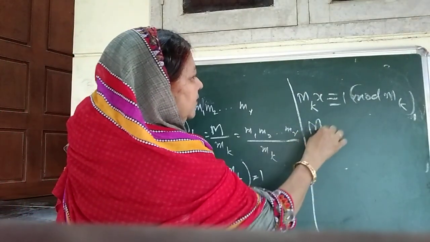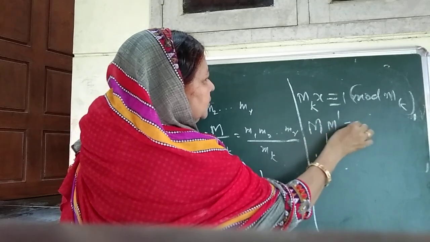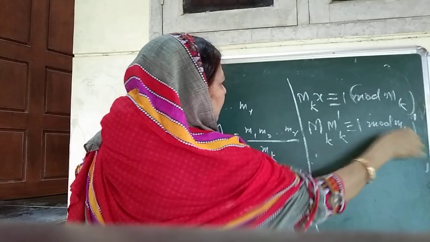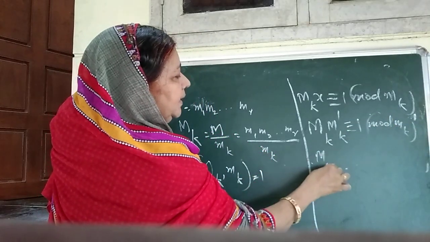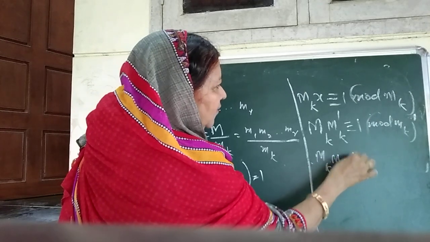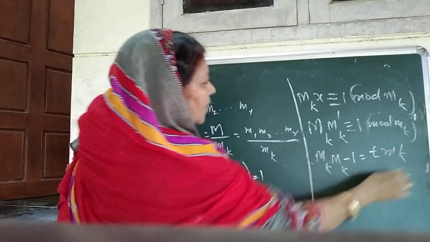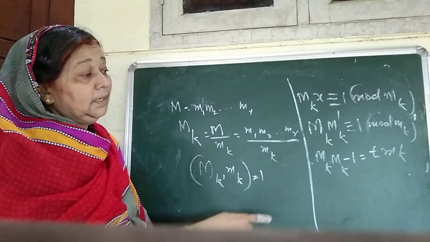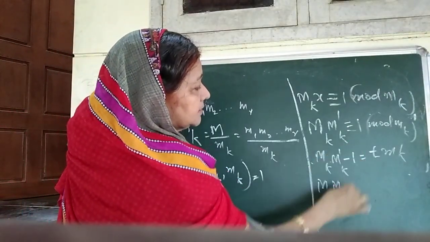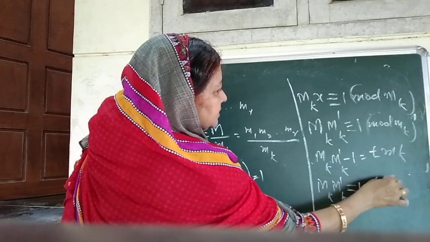Therefore, we have Mk Mk dash is congruent to 1 mod mk, or capital Mk into Mk dash minus 1 is t into mk, or capital Mk into Mk dash is equal to 1 plus t into mk.